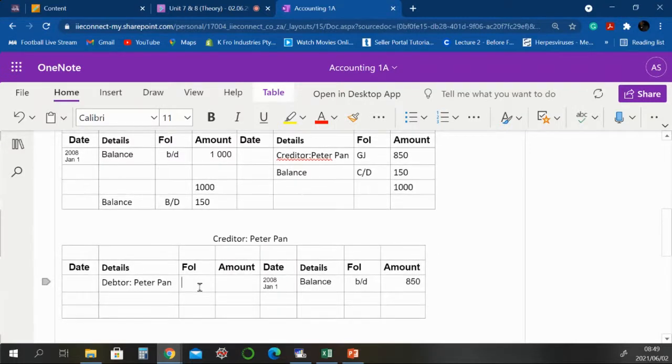Again, this takes place in a general journal, and here actually you could put GJ1 because this is January, first month of the year. You just want to impress your marker. And then obviously here we're putting 850. We're not putting the whole 1,000, just the 850 because we're bringing this account to 0. So basically, we don't owe Peter Pan anything, but he owes us 150. Does that make sense?